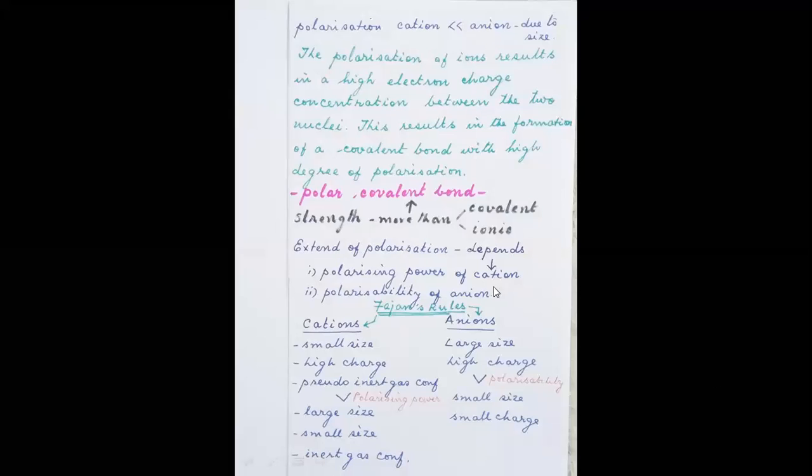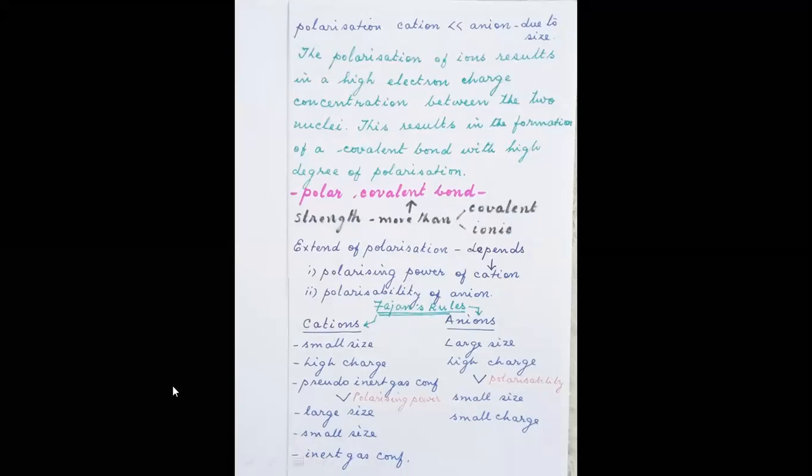So the summary of the Fajans rule is presented here. The cations, when they are small in size and high in charge, altogether this can be stated as the charge density. Small size with a high charge is called the charge density. We have already discussed what charge density is in previous classes.